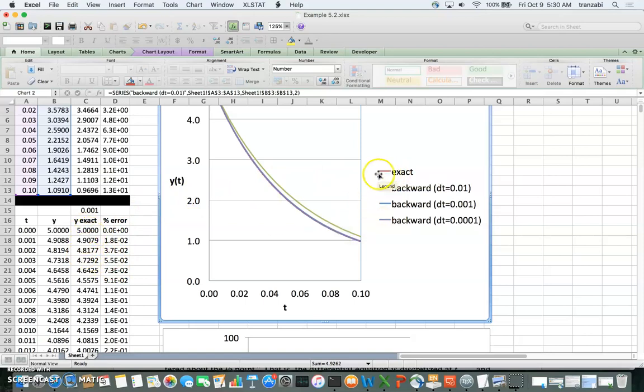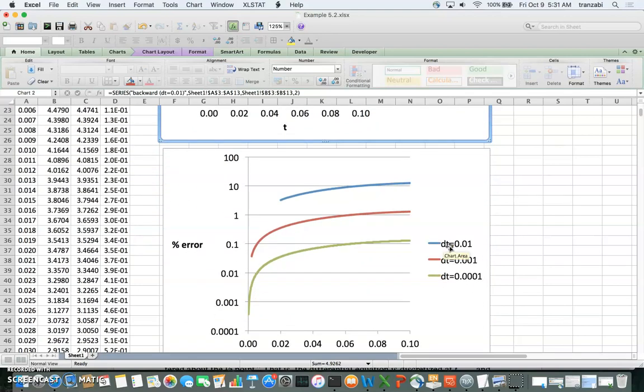We can also overlay on top of the other one. And we see that basically the red is pretty much like the purple and the blue, which means these two dt values give us a solution which is really close to the exact solution. But the best way to compare them is just to look at the error as a function of t.